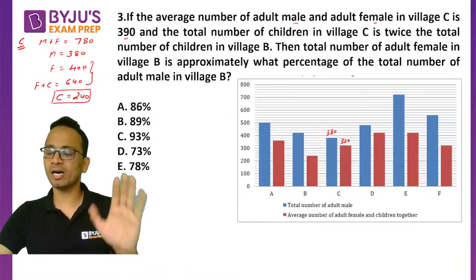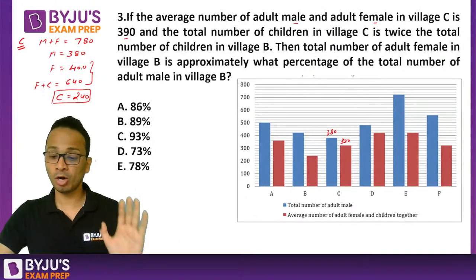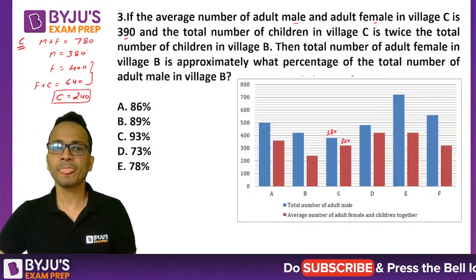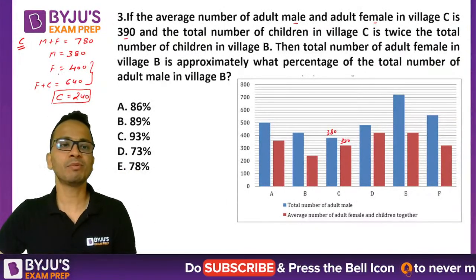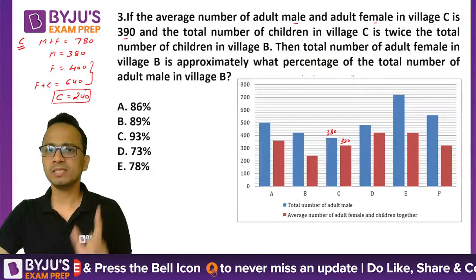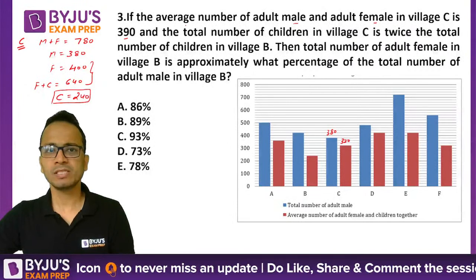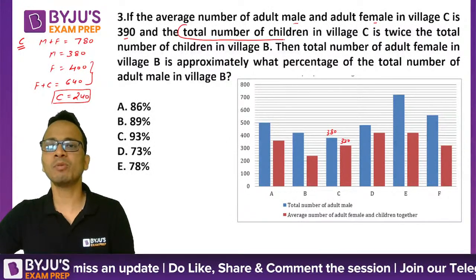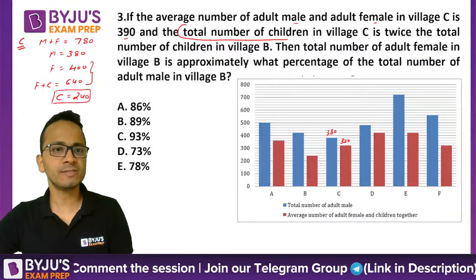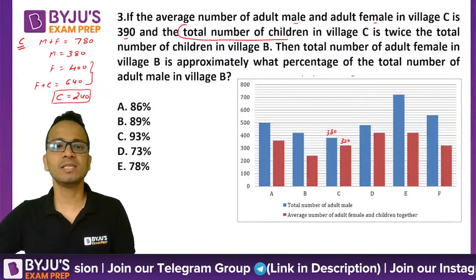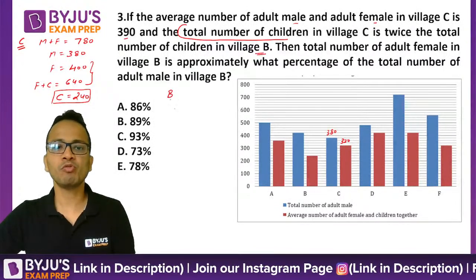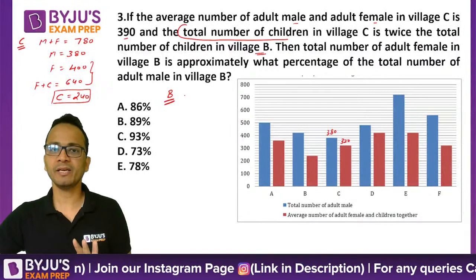So all the values that I have written on the left-hand side of the screen are for village C. The number of males, females, as well as children I have calculated for village C. Now reading further, the statement says, look at the portion that I have underlined, the number of children in village C is twice the number of children of village B. So now they are talking about village B. The data I'll be writing here.